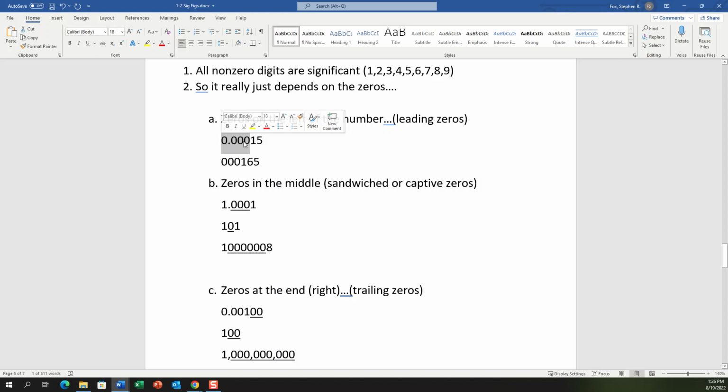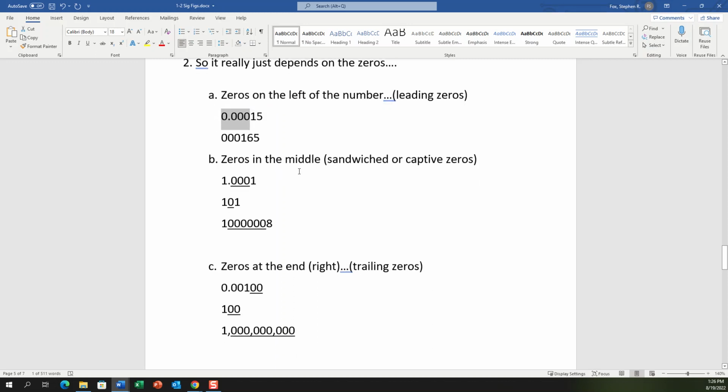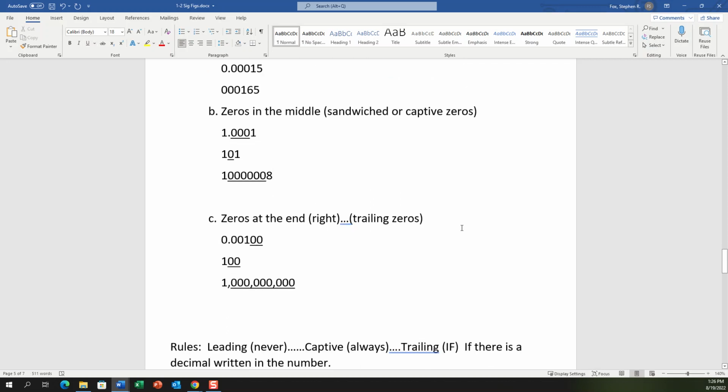Then we have captive zeros or sandwich zeros. So they're in between 2 non-zero digits. So these zeros are in between those non-zeros. This is a captive zero. These are captive zeros. It doesn't matter how big the sandwich is. These are all captive zeros, right? And then we have the zeros on the right side.